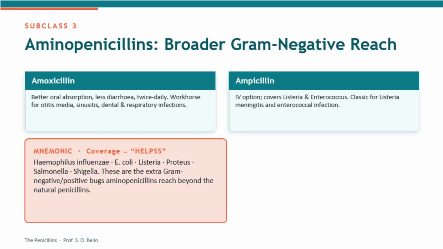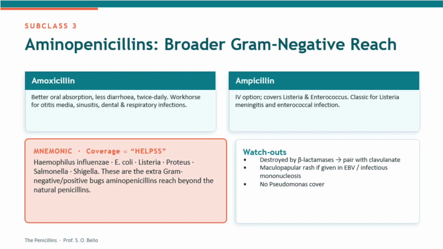Now we broaden the spectrum. The aminopenicillins, amoxicillin and ampicillin, keep the gram-positive activity of the natural penicillins, but thanks to an amino group on the side chain, they penetrate the outer membrane of several gram-negative bacteria.